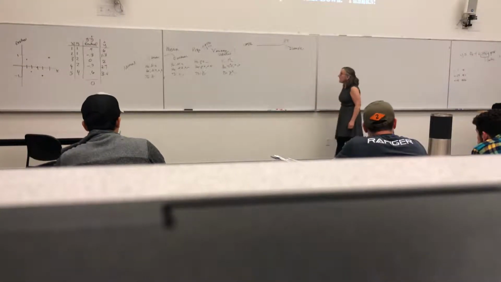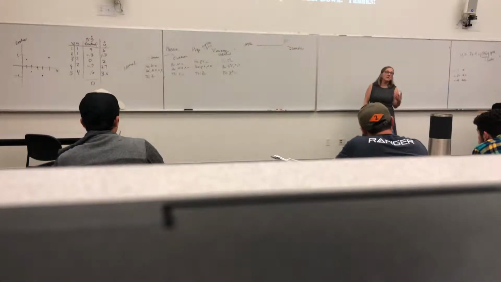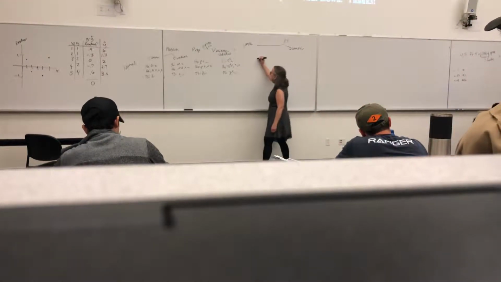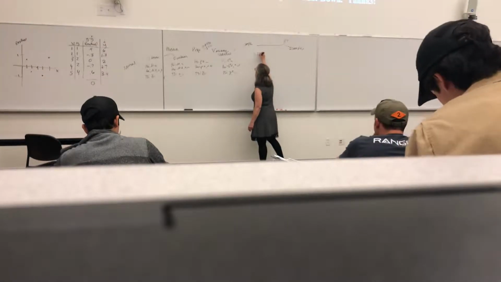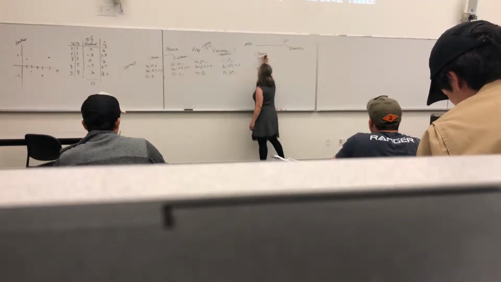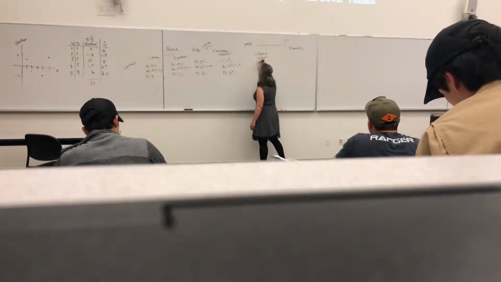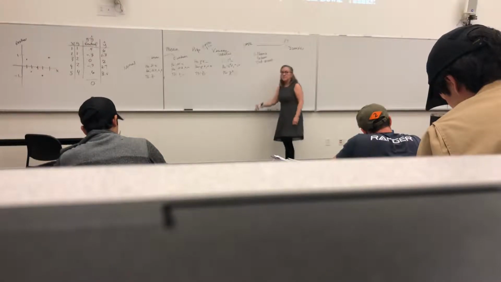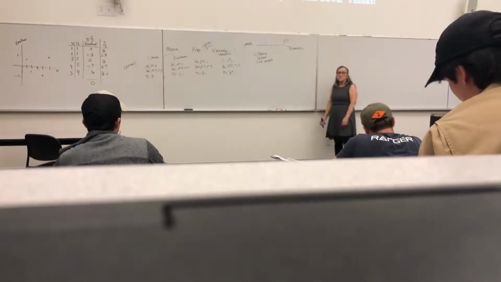Two-sample hypothesis tests. Here's where it gets really gnarly, right? Because you have to deal with hypothesis tests that are independent, where you're talking about the difference between two independent means. H0: mu1 equals mu2.